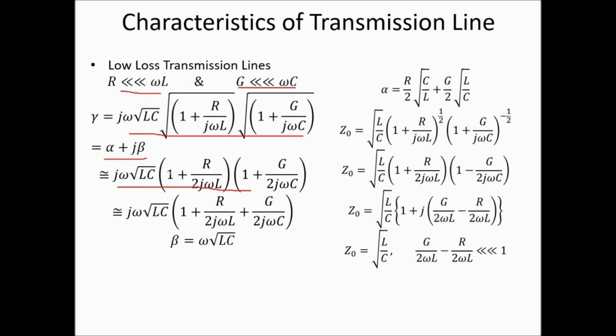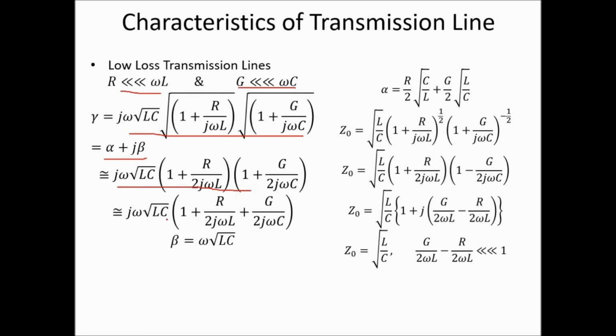You can use the binomial theorem and expand this, and we get the expression like this. Also here we can write this. Now if you multiply these two terms, there will be an R times G term, and since omega is very high, you can easily skip that part. So you will come up with this one.